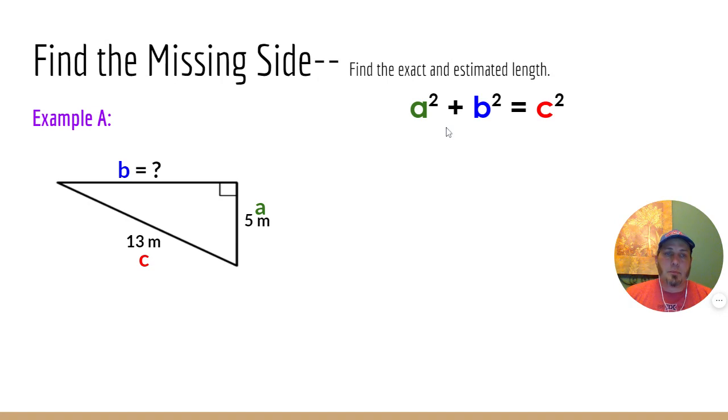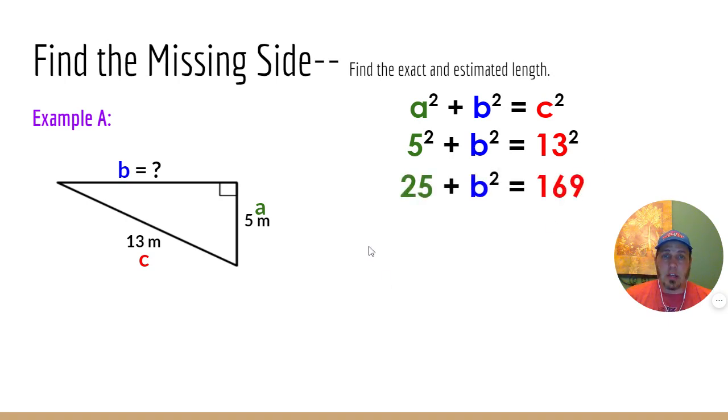All right. Write the Pythagorean theorem. A squared plus B squared equals C squared. And I know what A is, so I'll put that number in. I just plug it in. A is 5, so 5 squared. B squared, I don't know, so I leave it as B squared. Equals, C is 13, 13 squared. So now when I look at it, I simplify it. 5 squared is 25. B squared, I don't know it, I leave it as B squared.